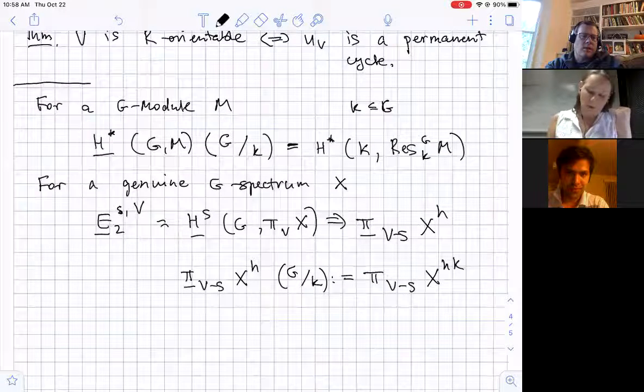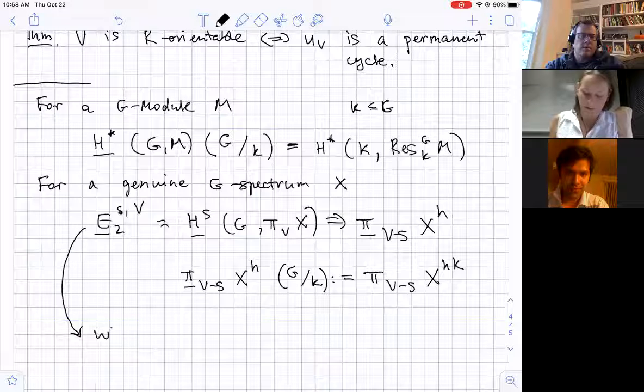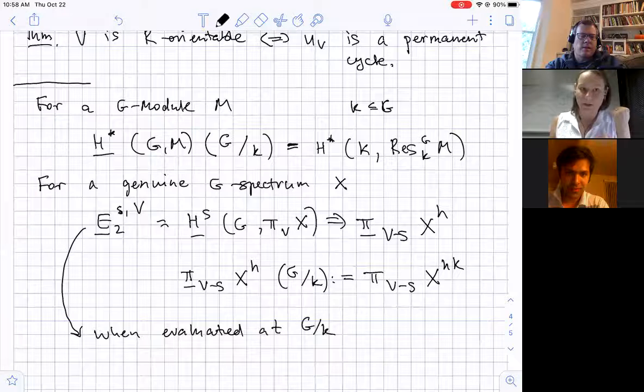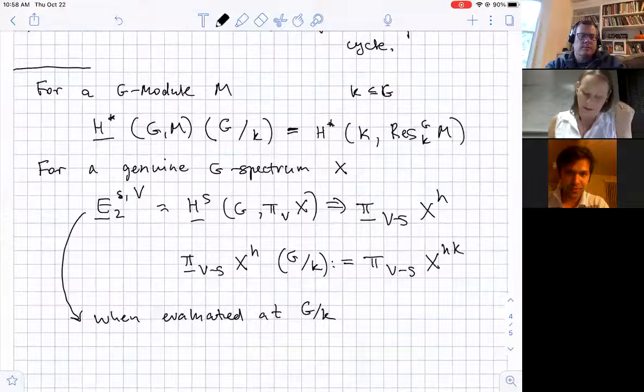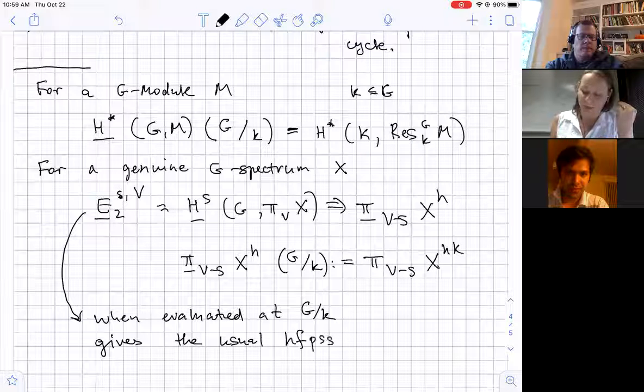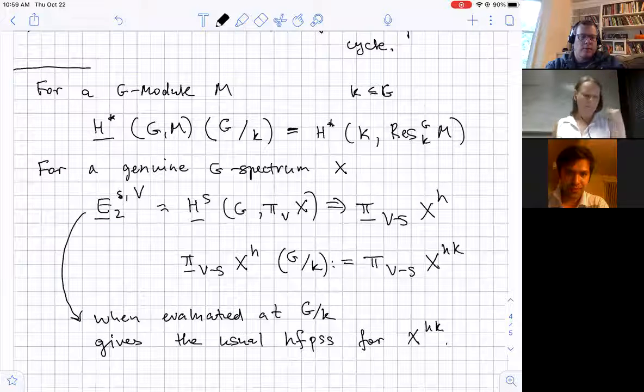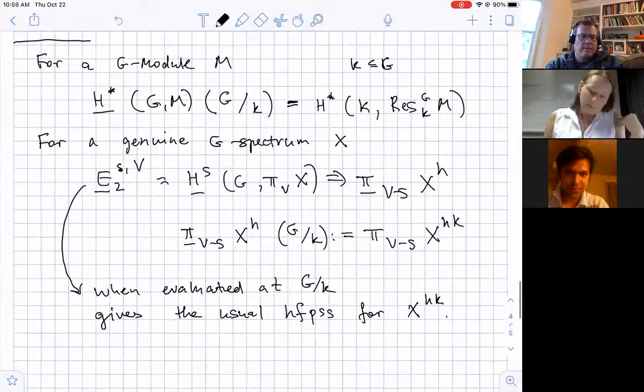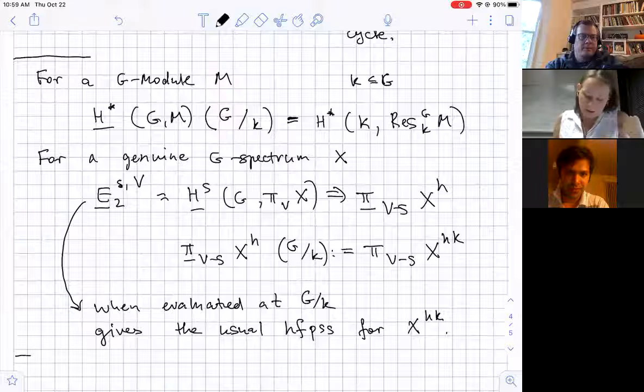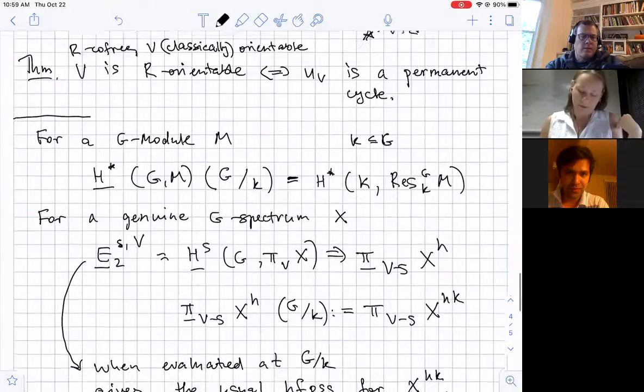Okay, so when I evaluate this spectral sequence at G mod K, it just gives me the usual homotopy fixed point spectral sequence for eCHT. Now remember what I was talking about.